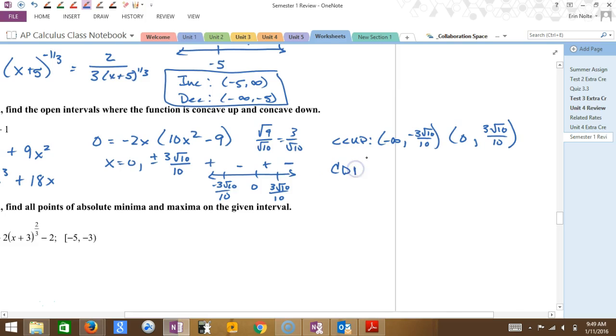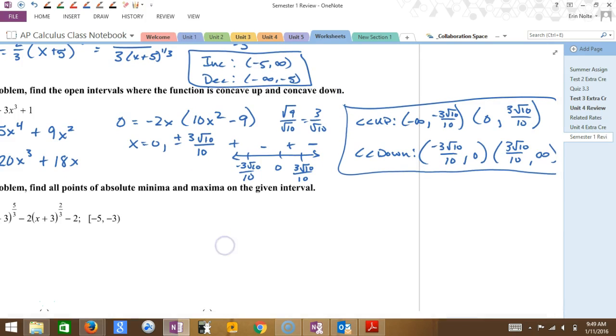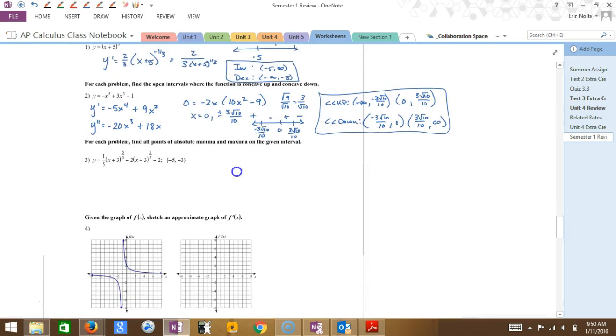Concave down between negative 3 square roots of 10 over 10 and 0. There, that wasn't so bad, although I didn't like that number.